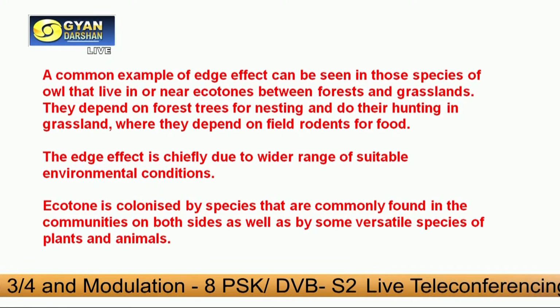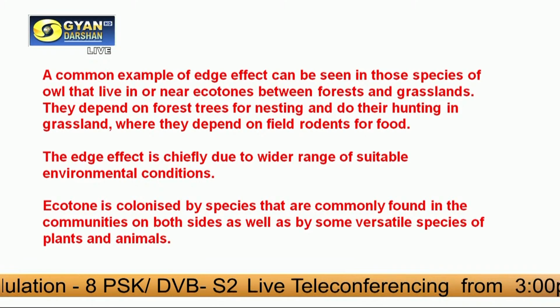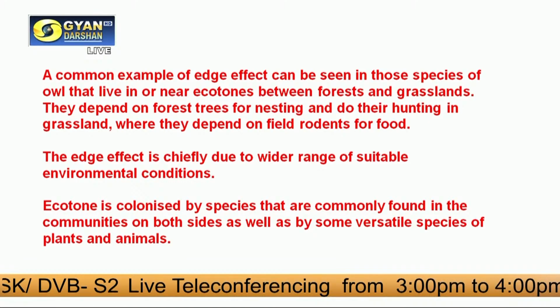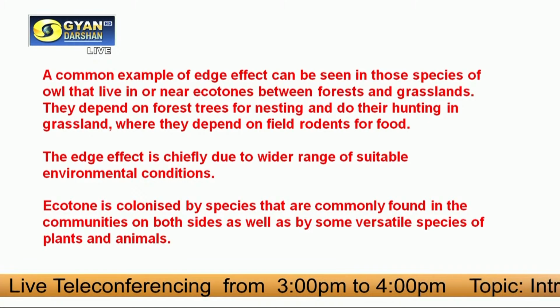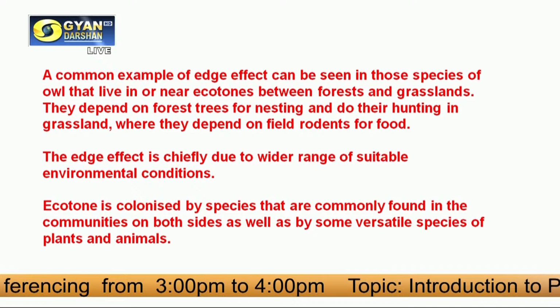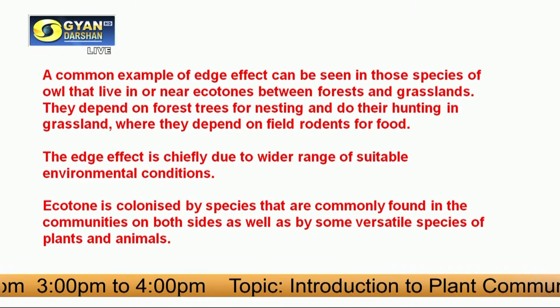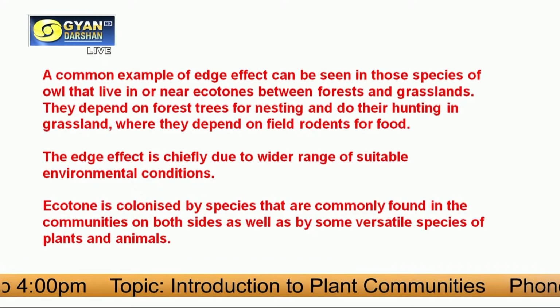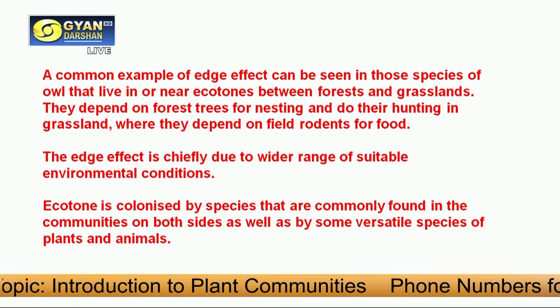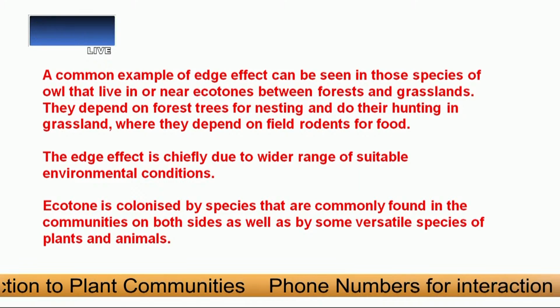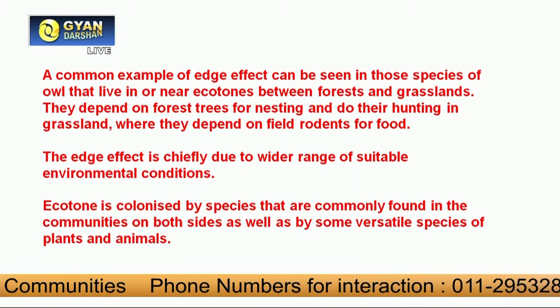Ecotone is colonized by species that are commonly found in the communities on both sides, as well as by some versatile species of plants and animals. So you can actually give many more examples on ecotone. So these are just few examples.